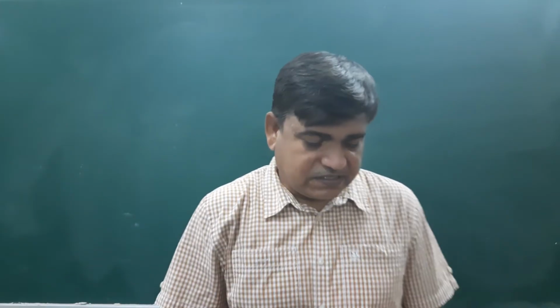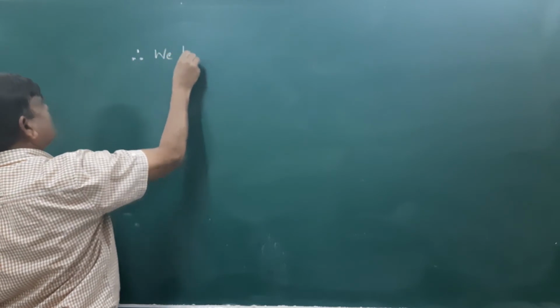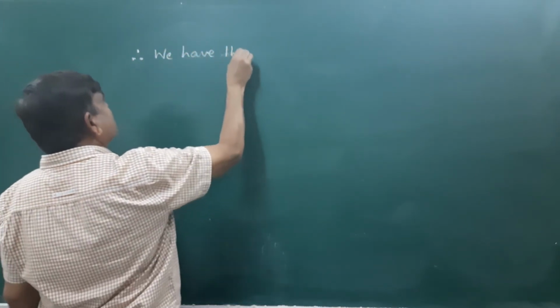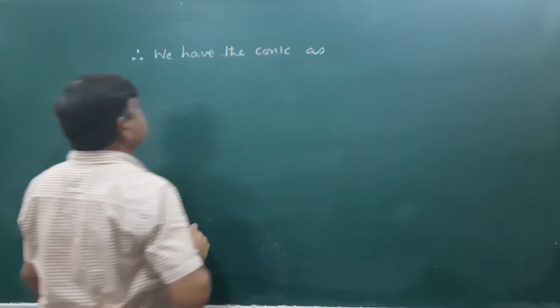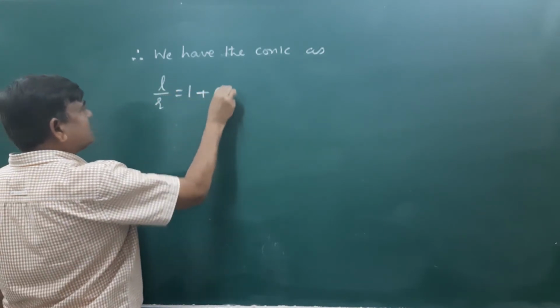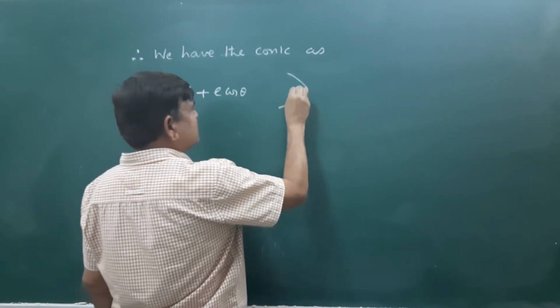So remember, this article is not given in the book, so you just try to understand it. Therefore, we have the conic. L upon R equals to 1 plus E cos theta, then it is like this.